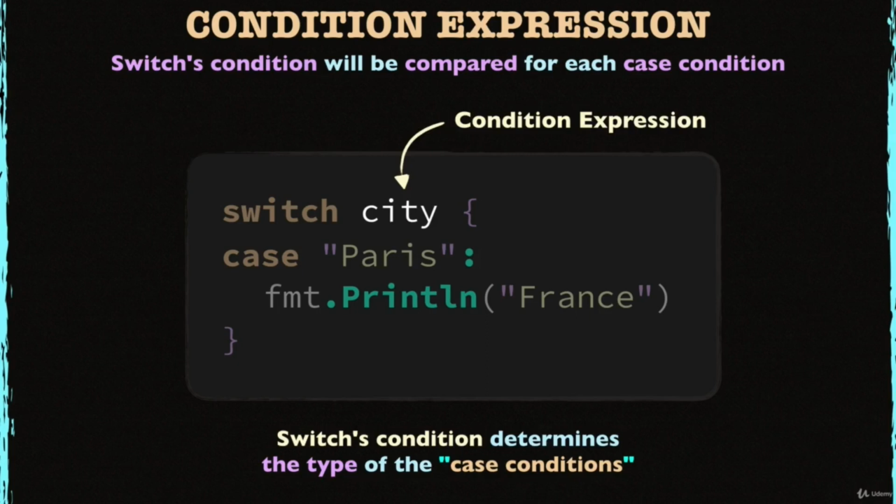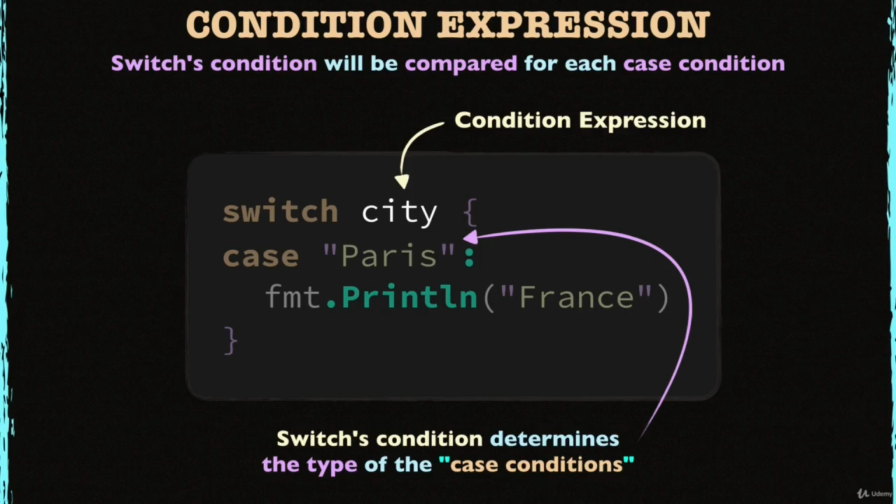So the type of all the case conditions should also be string. That's why Paris there is a string value. It cannot be an int value, for example. But if the switch's condition, which is the city variable here, was an int, then the type of the case conditions would also be an int value.